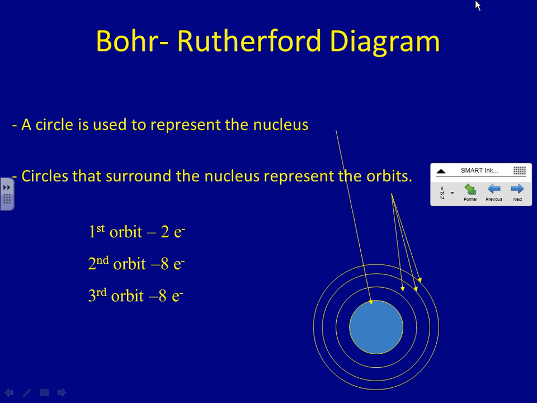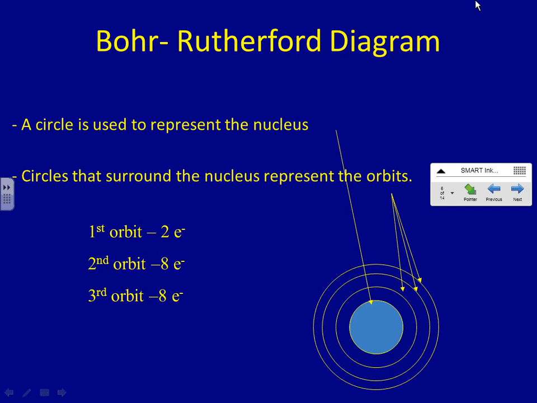Does anybody have any ideas? If this was a real atom, how would our picture look differently if we were representing something closer to reality than just spaces to put numbers and dots?